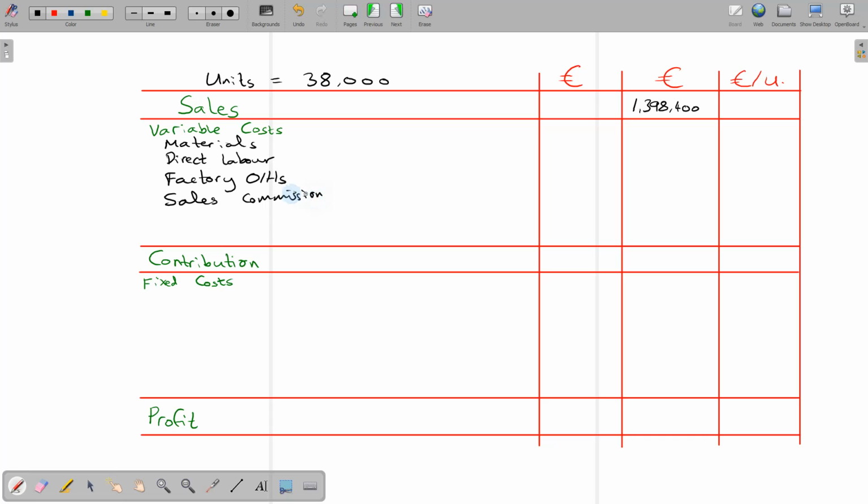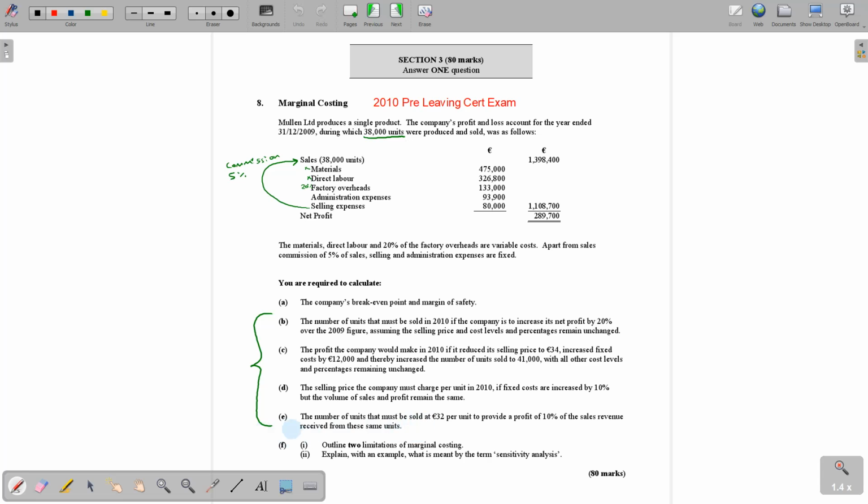Now, I'm going to keep sales commission separate to the other variables, because the first three will not change when we get down to some of the equations. In those equations, we'll have a different selling price. For E, we have to find the number of units that must be sold at €32 per unit. In part D, the selling price the company must charge per unit in 2010.